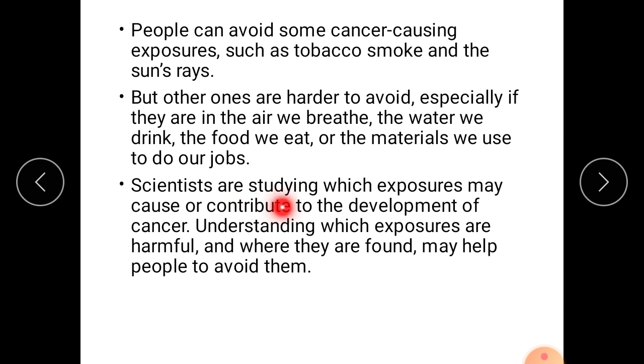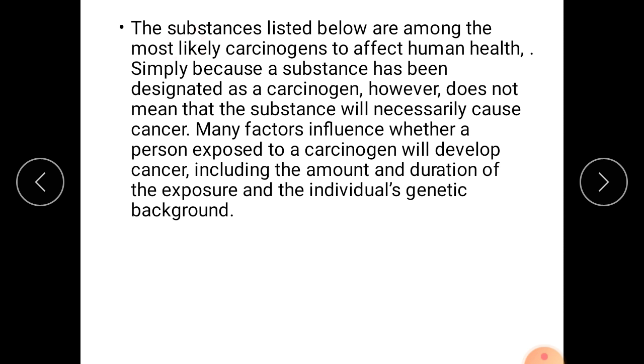Scientists are studying which exposures may cause or contribute to the development of cancer. Understanding which exposures are harmful and where they are found may help people to avoid them. The substances listed below are among the most likely carcinogens to affect human health. Simply because a substance has been designated as a carcinogen, however, doesn't mean that the substance will necessarily cause cancer.